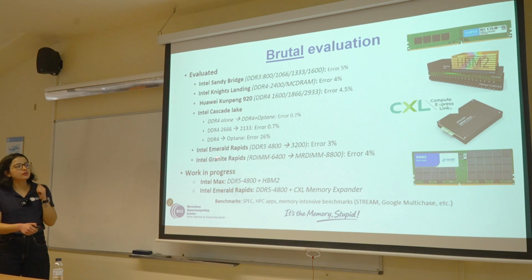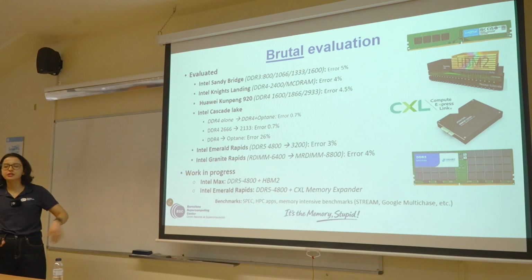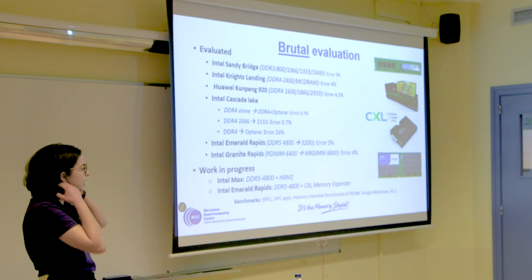We have Emerald Rapids changing frequency, Granite Rapids from RDIMMs to MRDIMMs, and now we are working on DDR5 HBM and DDR5 to CXL memory expanders. So we have all this brutal evaluation in a lot of different systems, and we measured the error.